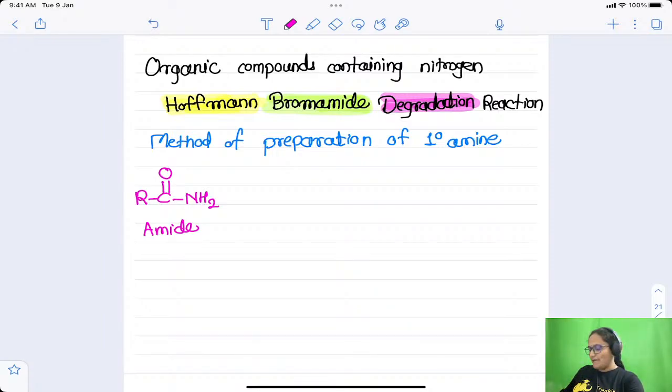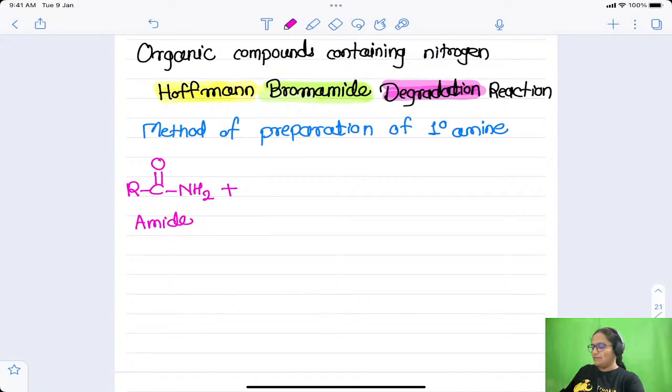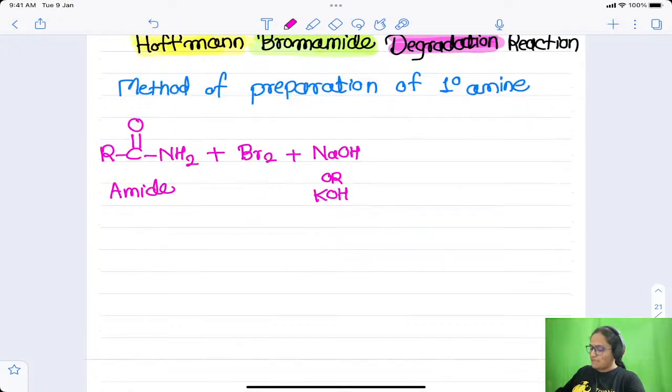Now when this amide is treated with bromine in the presence of a base like NaOH, or in this case you can use KOH also, it will give you the product RNH2.